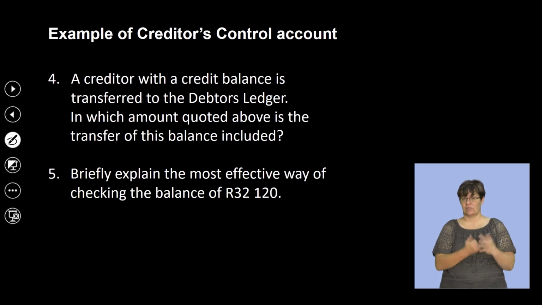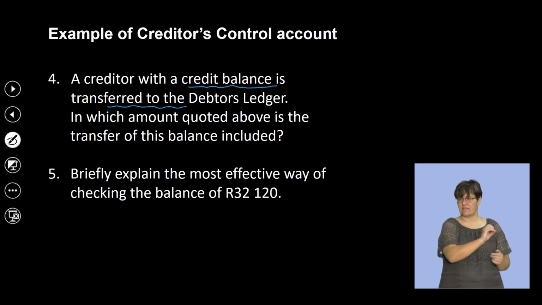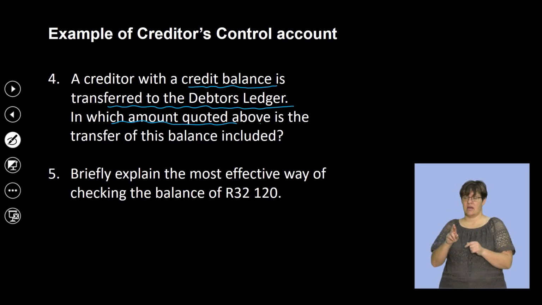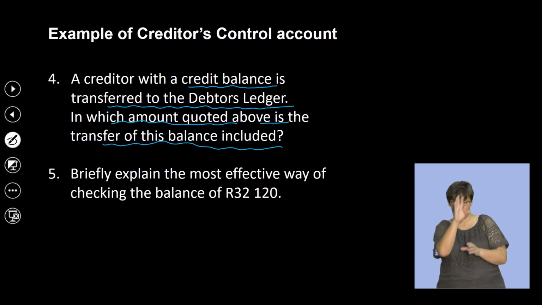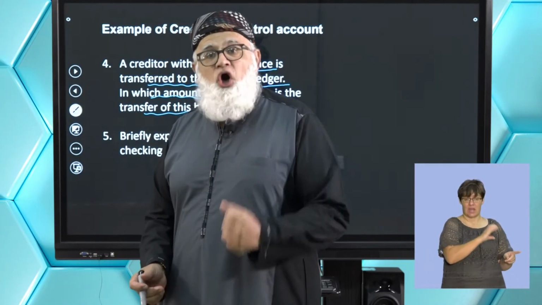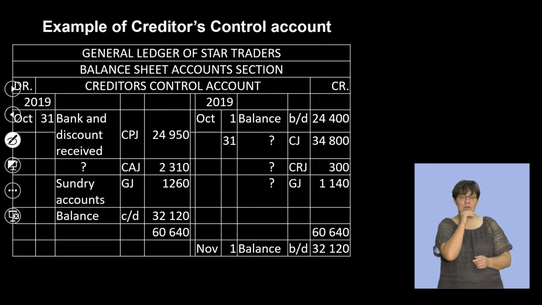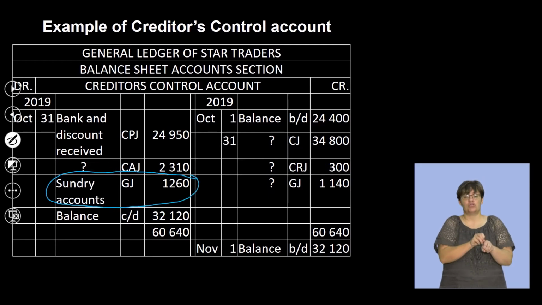And we now come to here where it says, a creditor with a credit balance is transferred to the debtor's ledger, in which amount quoted above is the transfer of this balance included. So you are transferring a creditor with a credit balance. Obviously, guys, this would mean that you're looking for an entry which was done in your general journal.